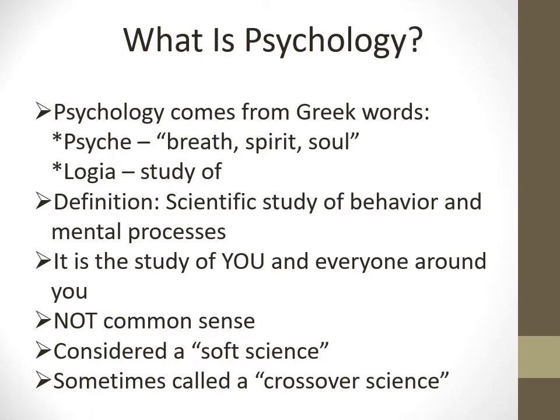This is also known as a crossover science, as it ties into biology, medicine, technological advances, history, sociology, anthropology, basically everything. So we will cover later how it is a science and how it is studied.